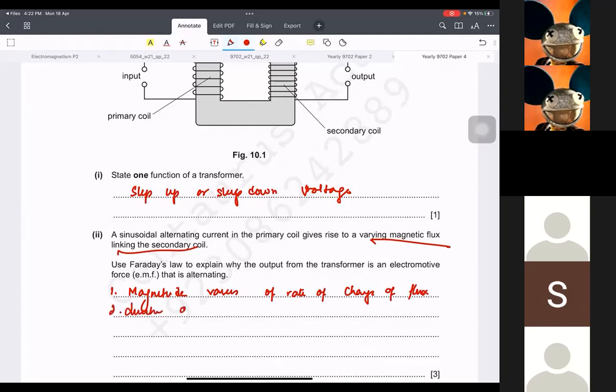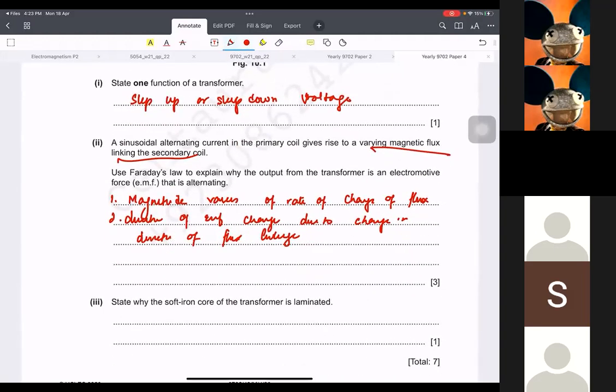Direction of EMF varies, changes, due to change in flux, due to change in direction of flux linkage. That could be one. How many marks? 3 marks.